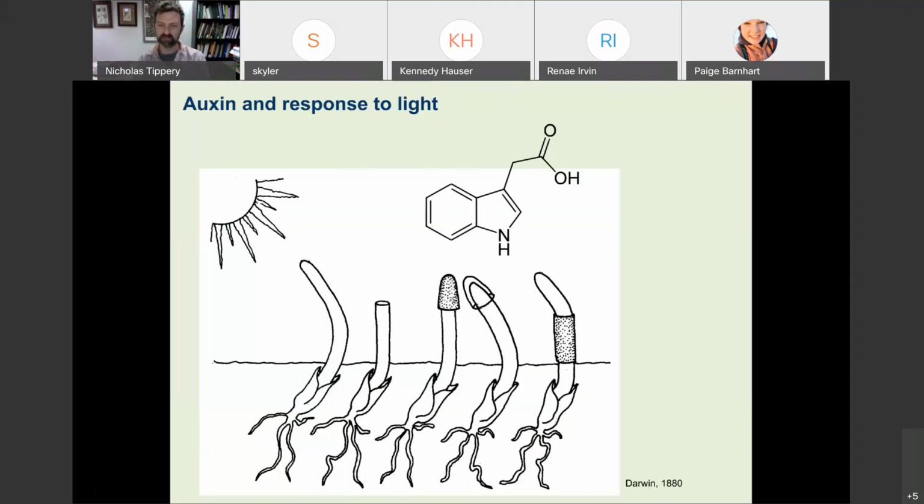Maybe that was affecting it. So they put a clear helmet on this one, and that was still able to sense the light and bend toward it. And in this example here, they prevented the light from getting to the stem cells, and it was still able to bend. The part of this plant that was able to bend still did that. So basically, the take-home from this is that there's something in the shoot tip that's really directing this whole plant growth off to the side.